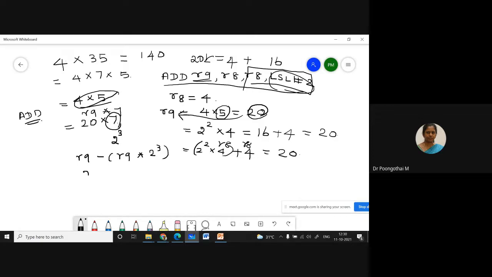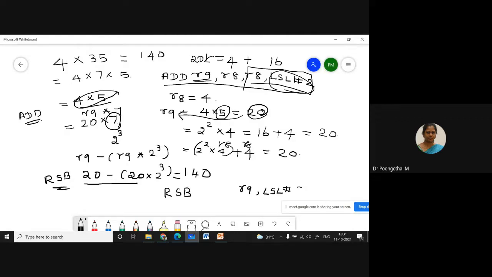So 20 into 2 power of 3 minus 20 is equal to 140. For that you need to use reverse subtract. So what is the instruction? Reverse subtract, R9 comma LSL hash 3.